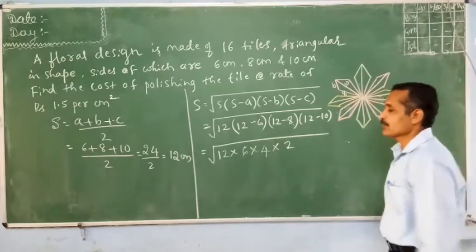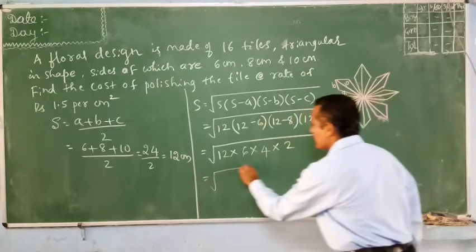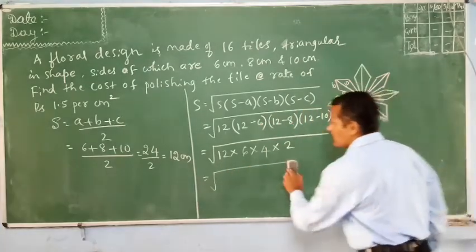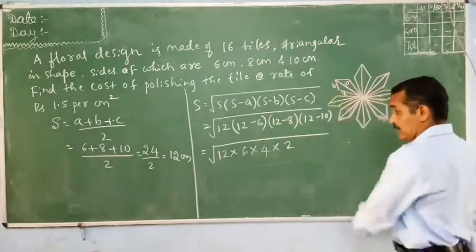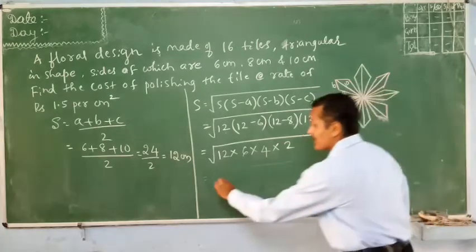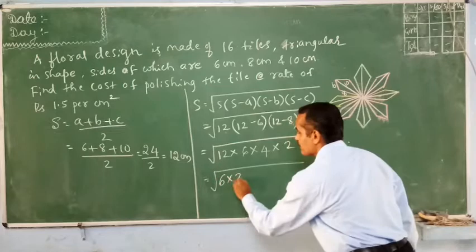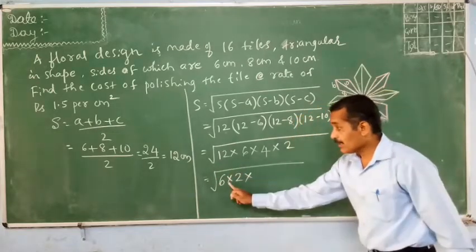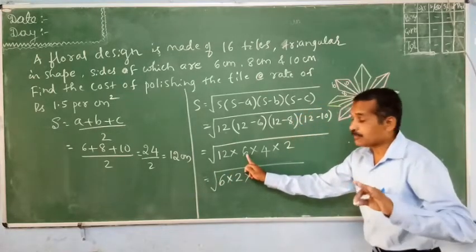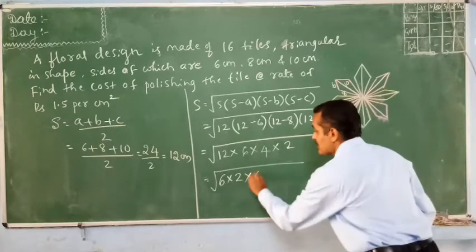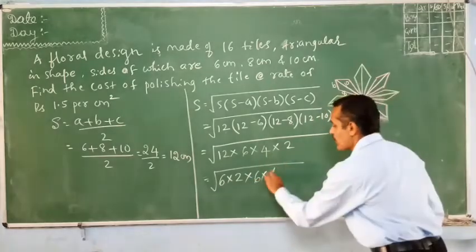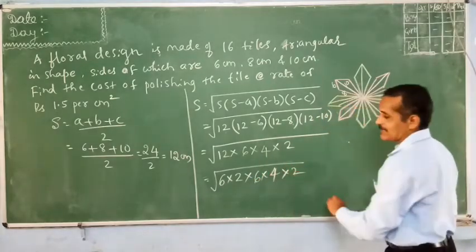I can take the common numbers out. I can write 12 as 6 twos, whereas this 6 I will not split because one more 6 is available here. 4 is a perfect square, 2 I will keep as it is.